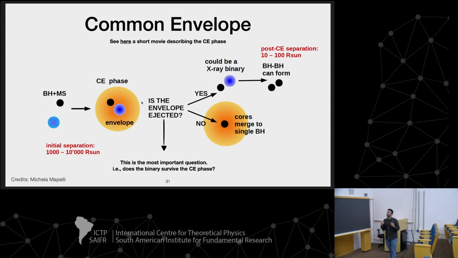So the common envelope is another engine that allows you to shrink the binary system. And the most important question is, does the binary survive the common envelope phase? Because the binary system can shrink a lot, and what you can have is that the already formed black hole and the core of the massive star merge together before forming the binary black hole, so the black hole binaries.